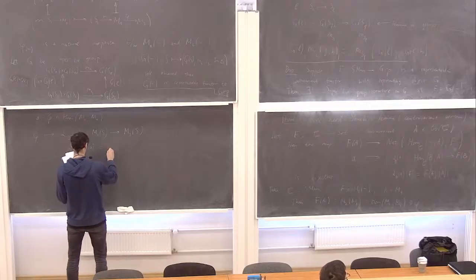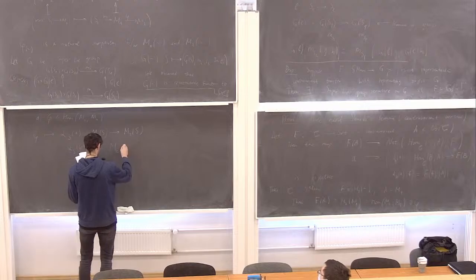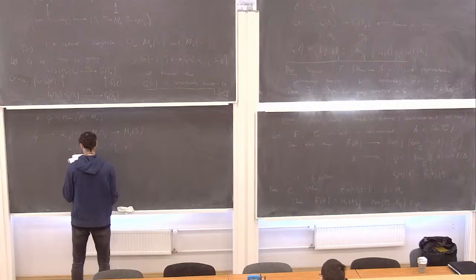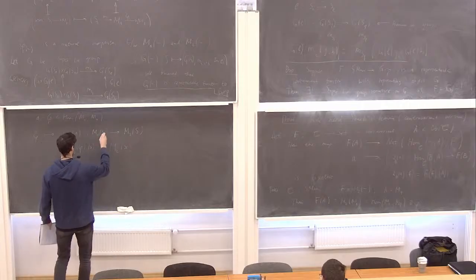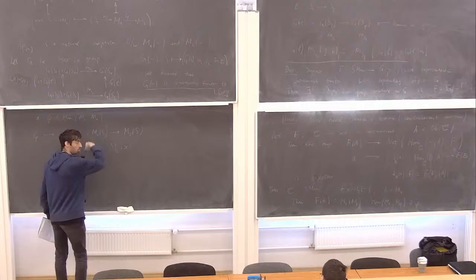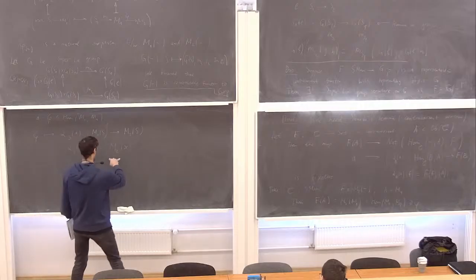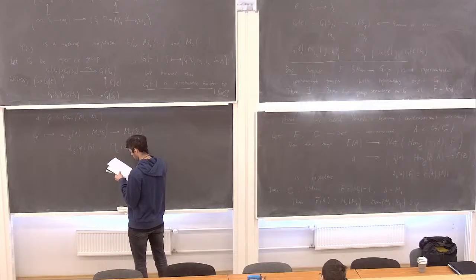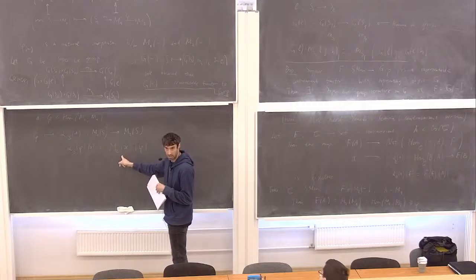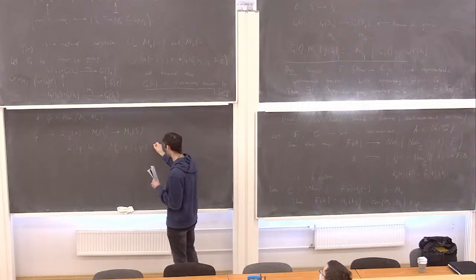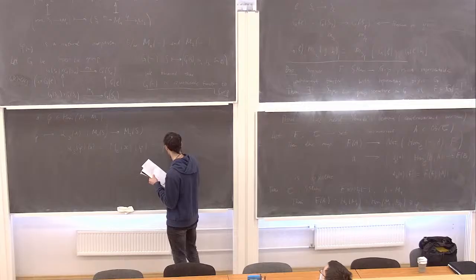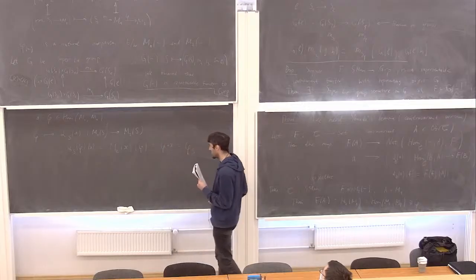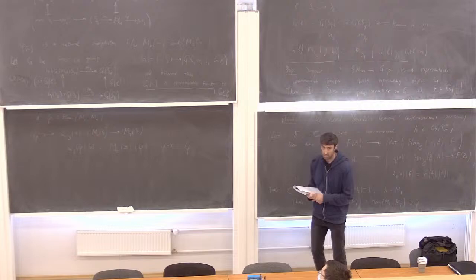Well, I apply functor F to X, right? X is a point in here, which is a morphism from S to M1, right? So this is a precomposition, really, and I need to apply this to phi. So this is really precomposition of phi with X, which is by definition my phi of S.